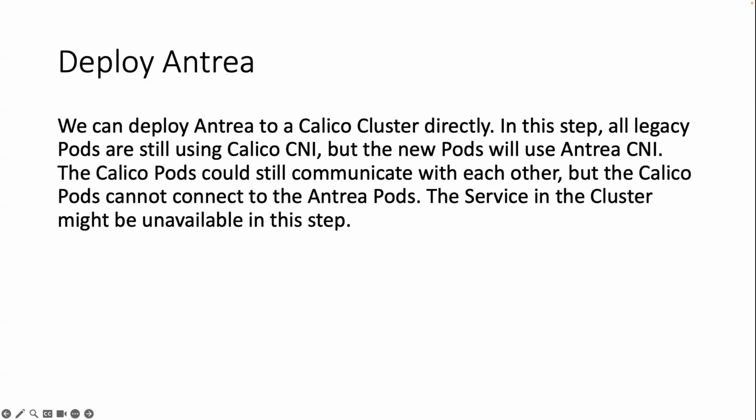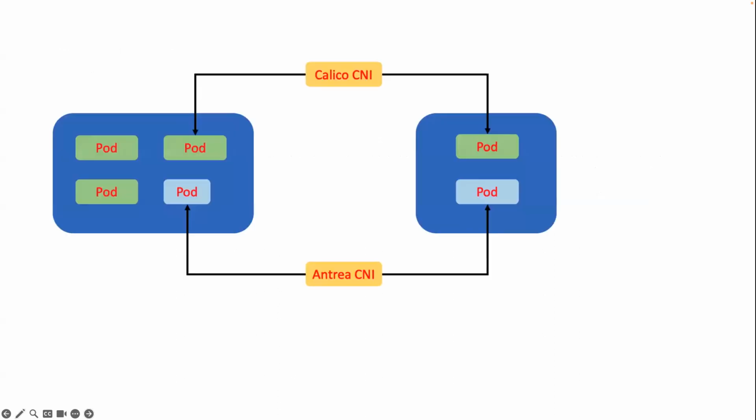That's why all new pods will use Antrea CNI. But meanwhile, the Calico pods can still communicate with each other. But the Calico pods cannot connect to Antrea pods, just like this.